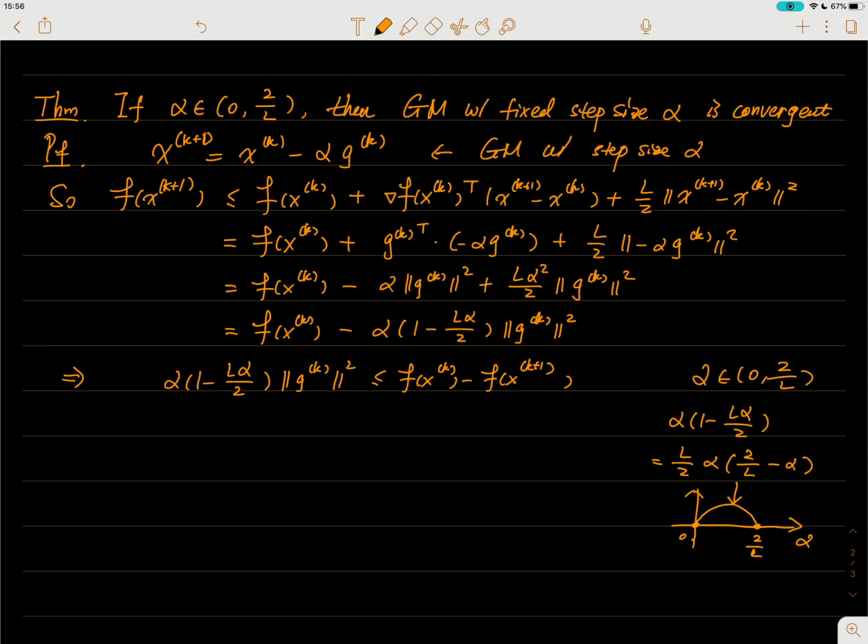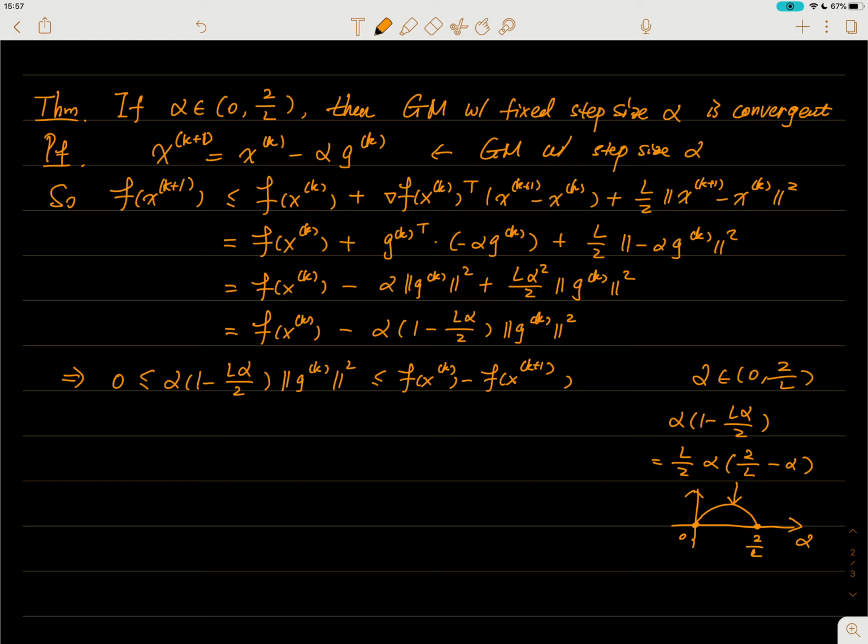So if I choose alpha within this open interval, this must be a positive number. That means the left-hand side must be greater than or equal to 0.